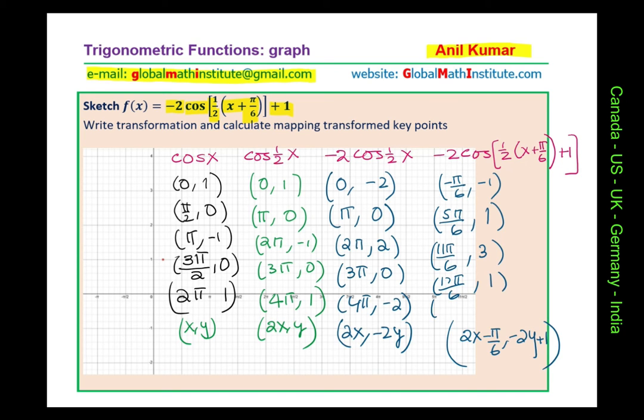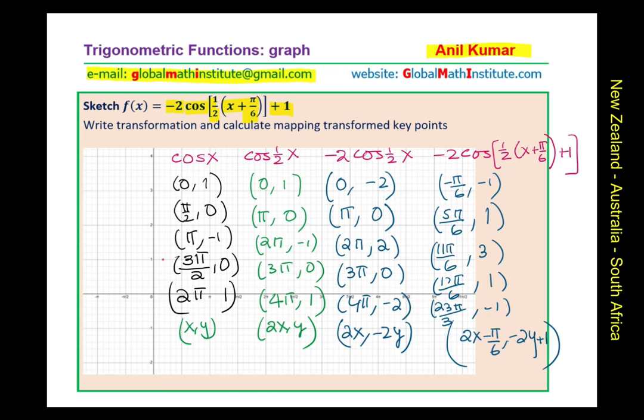The last value, which is 4 pi, when you minus pi by 6, then it is 6 times 4 is 24, minus 1, 23 pi by 6, and the y value minus 2 plus 1 will be minus 1.